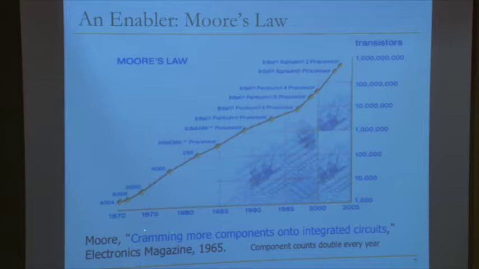This is not a physical law, but it's an observation that Gordon Moore made in 1965, and this is a seminal paper. Again, I'll encourage you to read that paper. It's only a 3-page paper, I think, if I remember correctly, or 4 pages maybe. Justin can verify that.